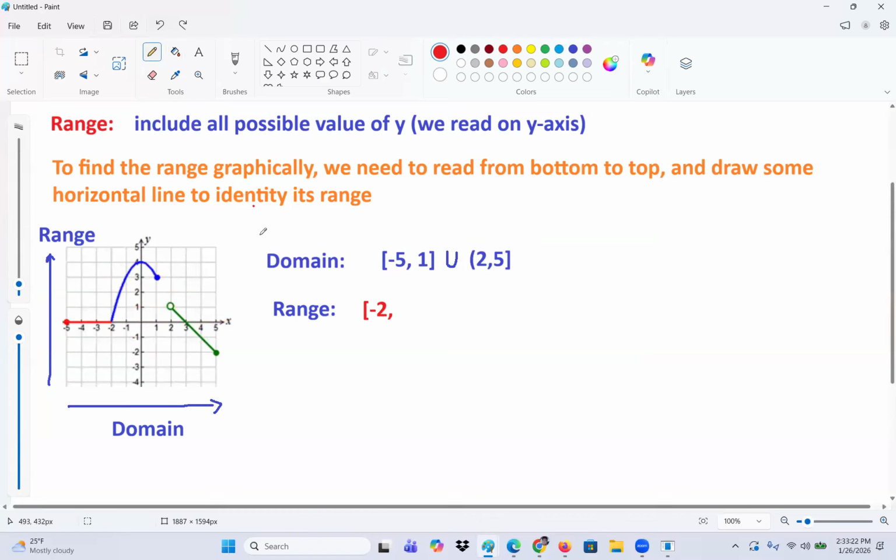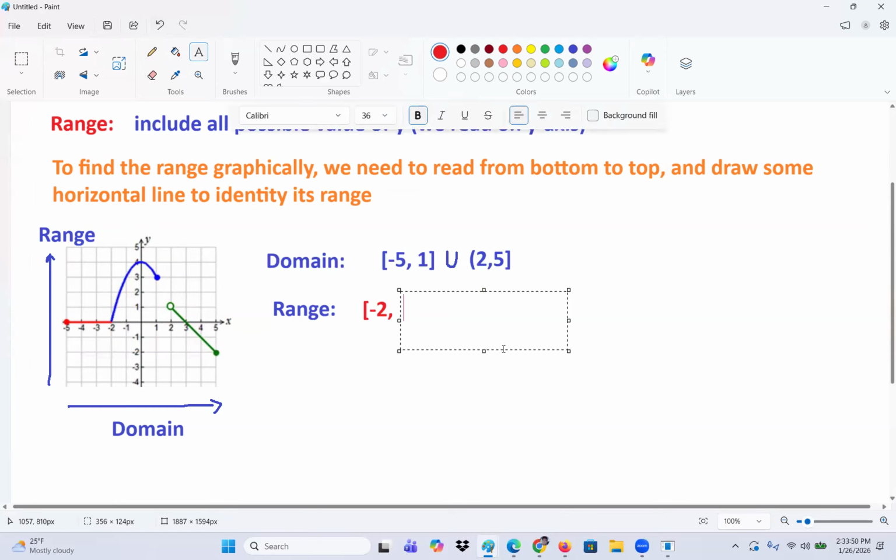So in other words, the range of the function would start from -2 all the way to 4. There's a gap over here already being filled on this part by this curve. That's perfectly okay. So even if you see a little gap between 1 and 3 on the y-axis, it doesn't mean anything because it's already filled from this curve. So the range of the function will be from -2 to 4. That's it.